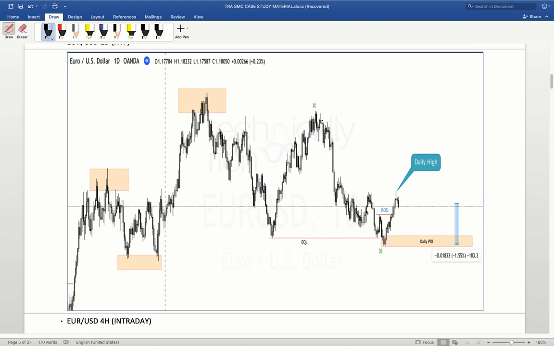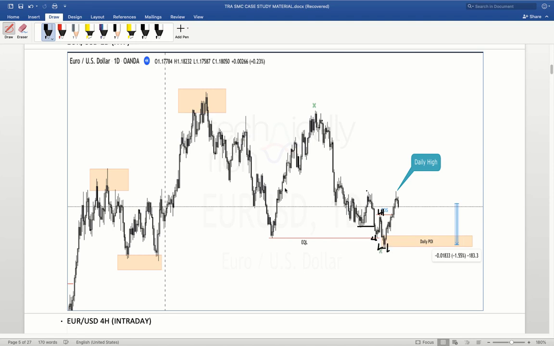So this was a lower high, and it broke this low here and created a new lower low here, and then this one brought in this lower high here. And this lower high created this lower low here.